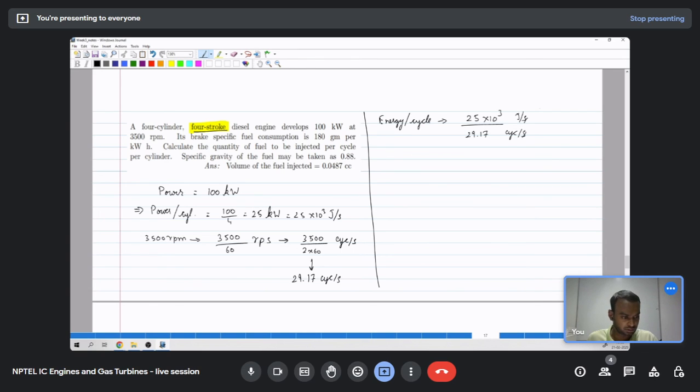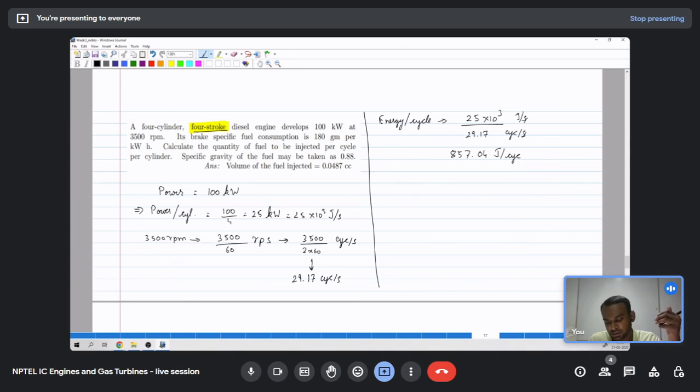So striking this out, we will get joules per cycle. This is 857.04 joules per cycle. So this is the mechanical energy output.